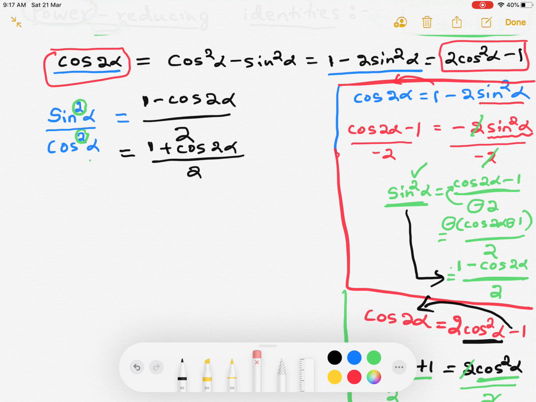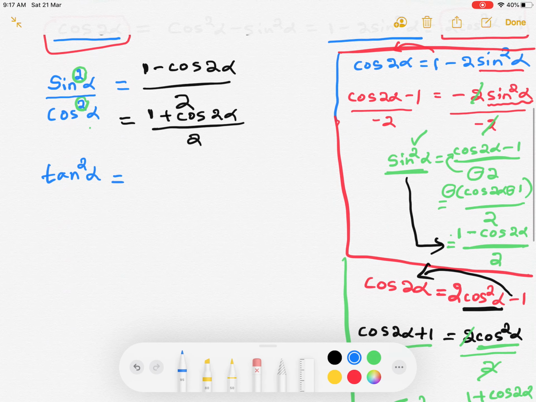Now we want the formula for the tangent square alpha. We know what is tan alpha. Tangent alpha is sine alpha over cosine alpha. Now tangent square alpha is sine square alpha over cosine square alpha.